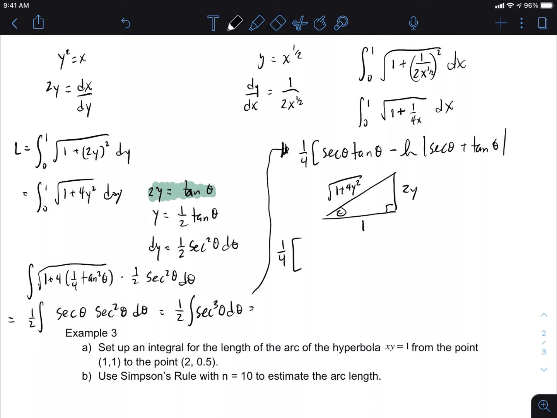What is secant? Isn't secant the hypotenuse over the adjacent then? Because it's the reciprocal of cosine? Yes.